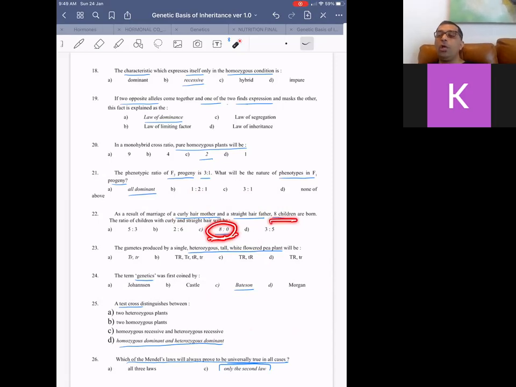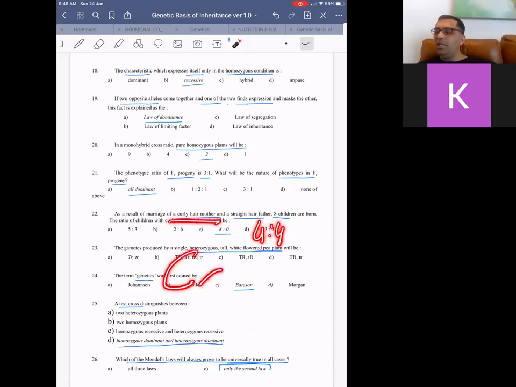Understand that 8:0 was not an option, and they had given the option 4:4. What would that indicate? That the curly hair mother was capital C small c. She was not homozygous, she was heterozygous. And that is crossed with a straight hair father, small c small c.